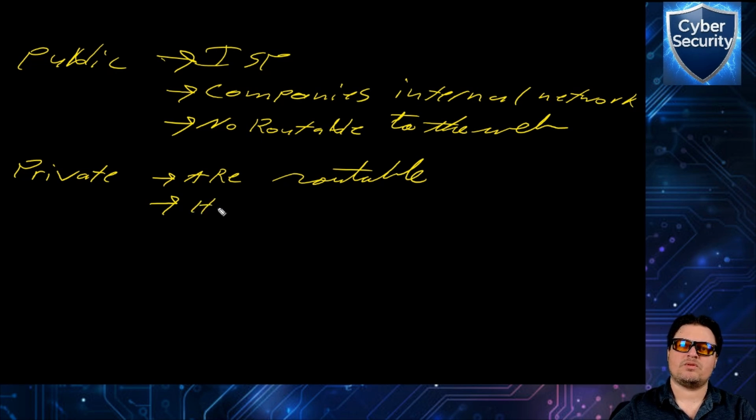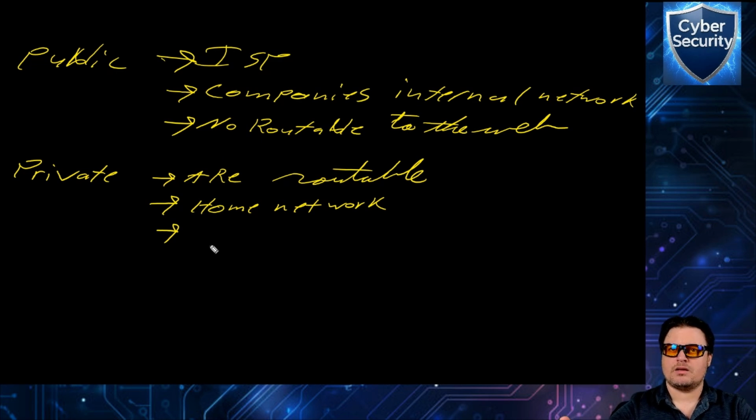So an example would be your home network. And the ISPs assign this to, let's say you get Comcast or Sprint or T-Mobile. They assign you a private IP address. Helps get you on the internet, basically.